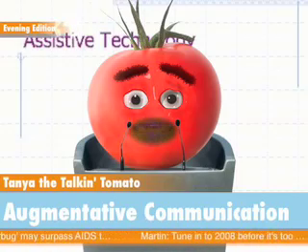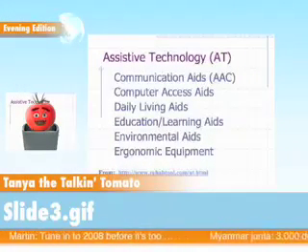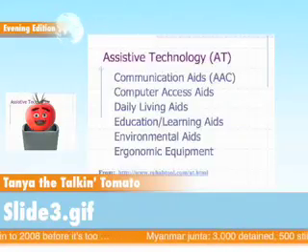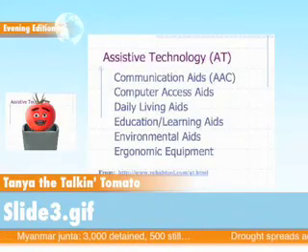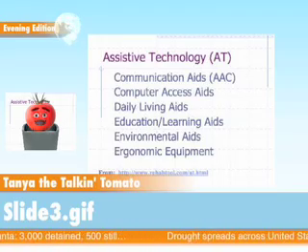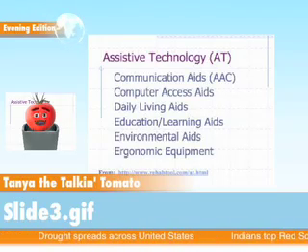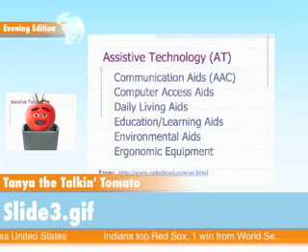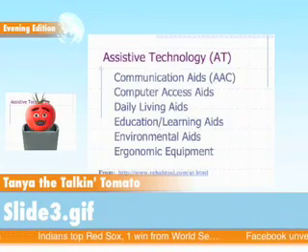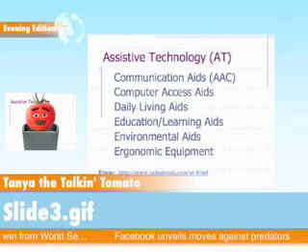Let's move on to the next thing. Under the rubric of assistive technology are a lot of things. One is communication aids, assisting with communication like speech and augmentative communication aids and writing and typing tools.